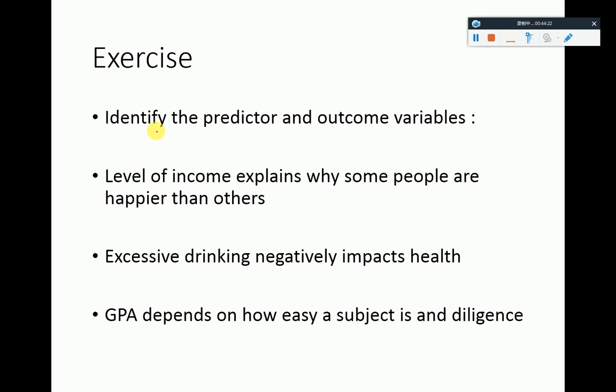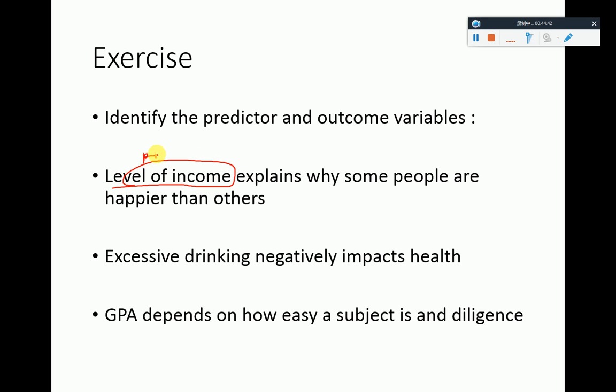In the first sentence, level of income explains why some people are happier than others. The predictor variable, as I'm sure all of you have no difficulty identifying, is level of income.